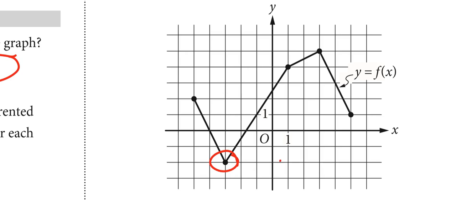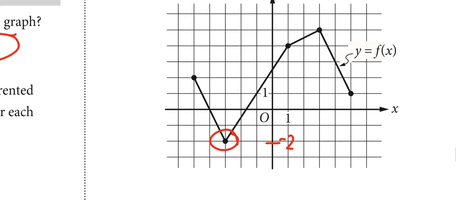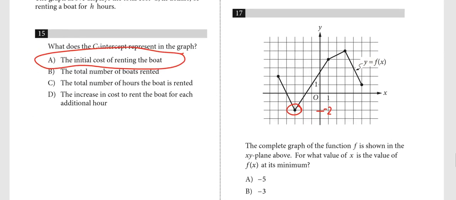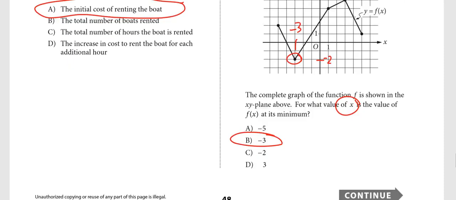So, most kids are going to choose the answer -2. Okay? Tell me why that's wrong. That's the y value, and what did they ask me for? Oh, they tricked me. They asked for the x value, and the x value happens to be -3. So, a lot of kids bite on that -2 just because they find the point, and then they don't pay attention to what they're asking me for.